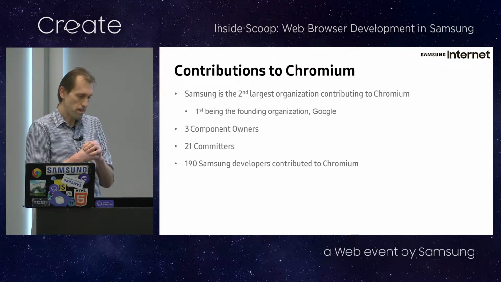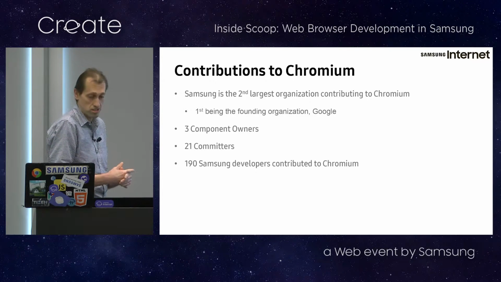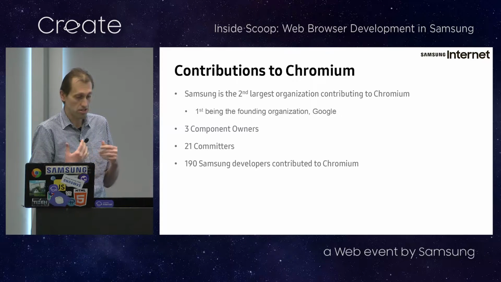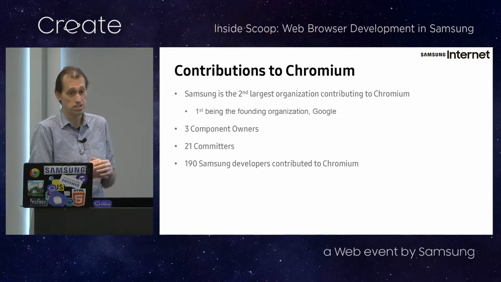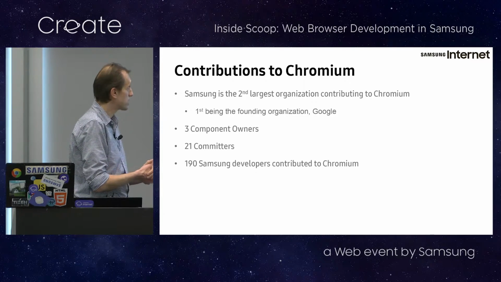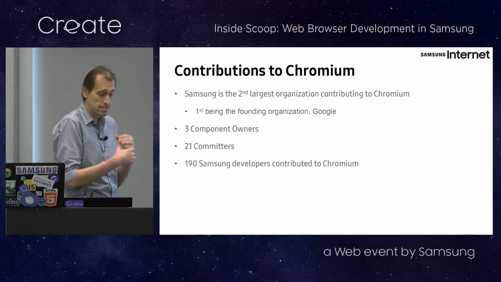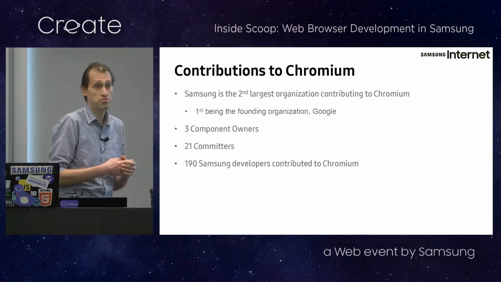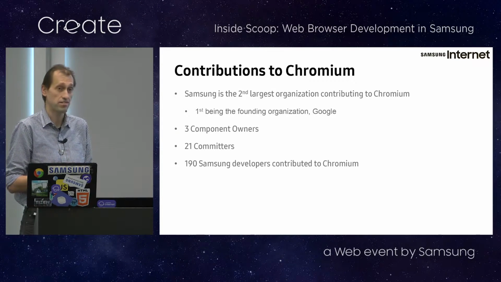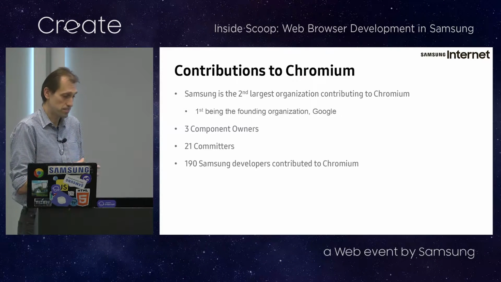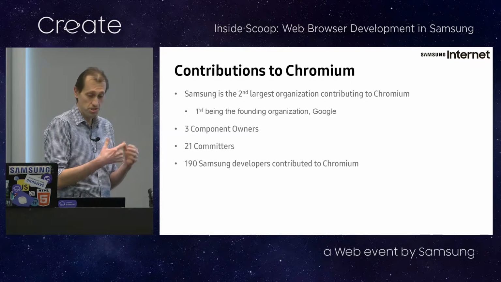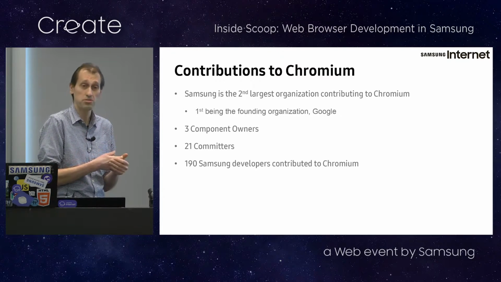So one of the ways to measure our contribution to Chromium is essentially our status or standing in the community. In Chromium, I think there are over 1,000 people working together on a daily basis, and that sort of organization requires a level of hierarchy. So the way that works is that first you show up and you want to contribute to the project.